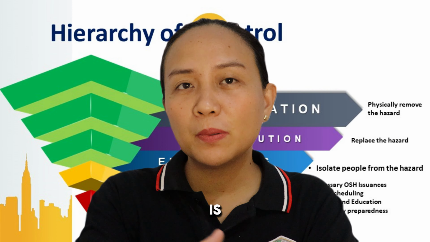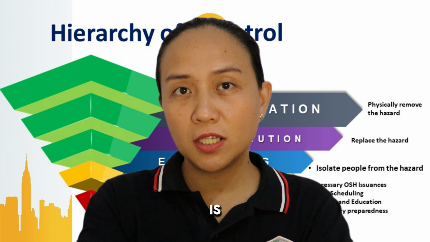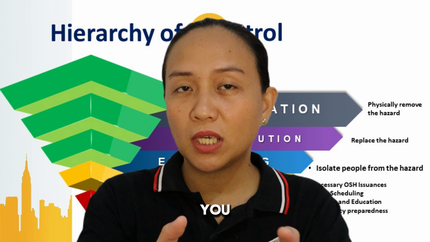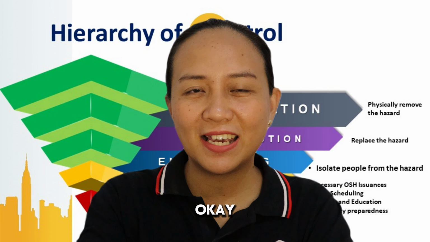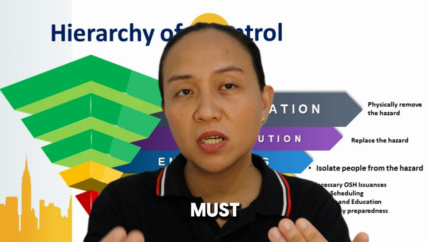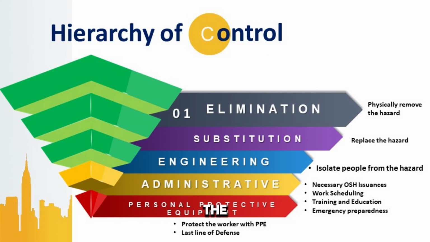So, dito po papasok ang controls. So, our goal is to eliminate the hazards, of course, but if we cannot eliminate, we can minimize, okay? So, when we are talking about controls, we must follow the hierarchy of controls. First is the elimination.